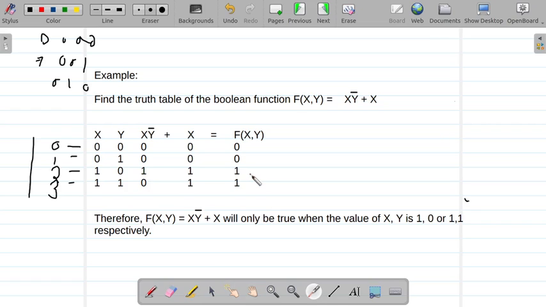Therefore, the function f of x and y equals x complement y or x will only be true when the value of x and y is 1, 0 and 1, 1 respectively.